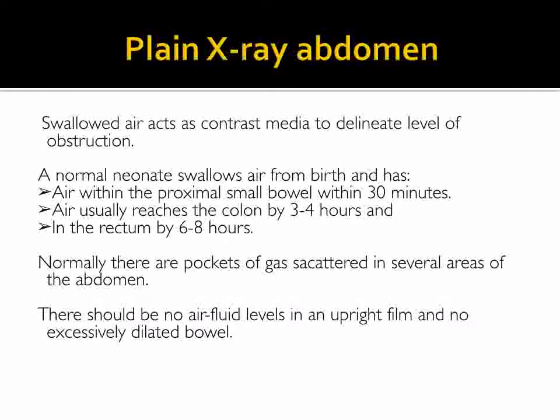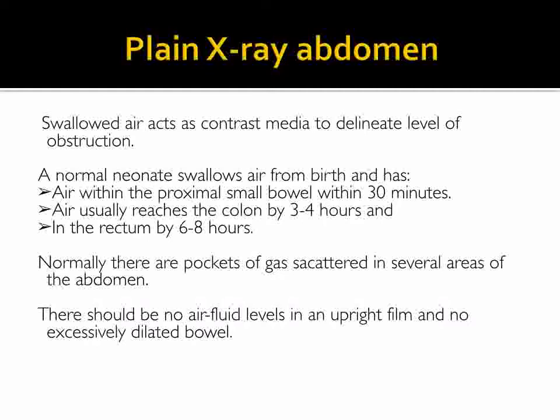It usually reaches the distal small intestine within 3 to 4 hours, and reaches the rectum by 6 to 8 hours. So in the newborn baby, we can use this air as a contrast, since the abdomen is gasless and the air will go into the abdomen.